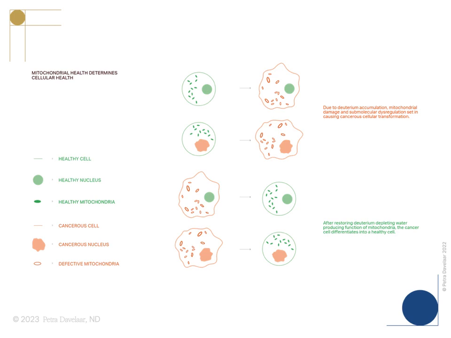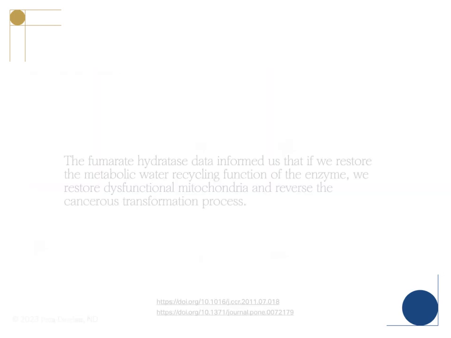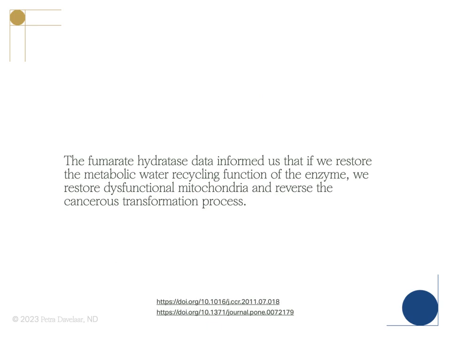After restoring deuterium-depleting water-producing and recycling functions of the cancer cell, it differentiates into a healthy cell. The fumarate hydratase data informed us that if we restore the metabolic water recycling function of the enzyme, we restore dysfunctional mitochondria and reverse the cancerous transformation process.